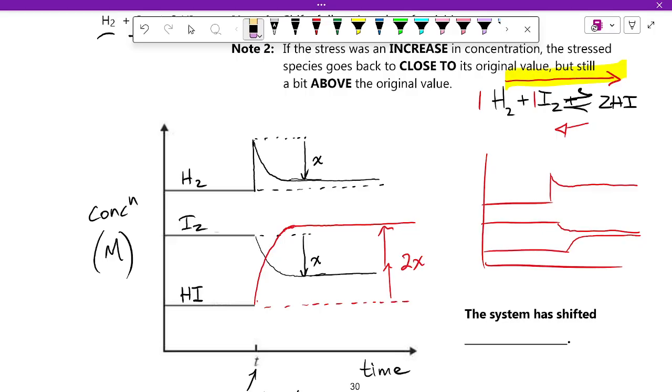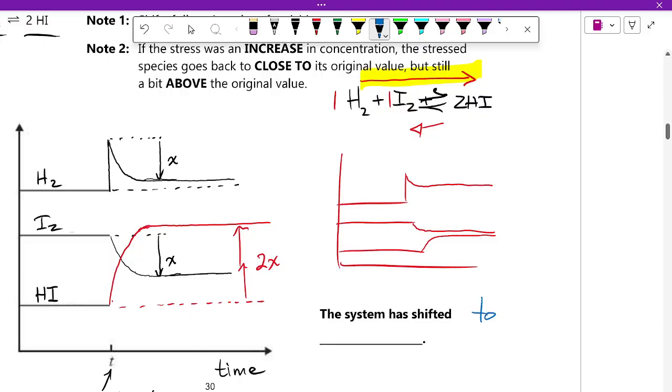Okay? So the system has shifted. Which direction? It has shifted towards the products, which means that it has shifted to the right. How do we figure out that that's what happened?